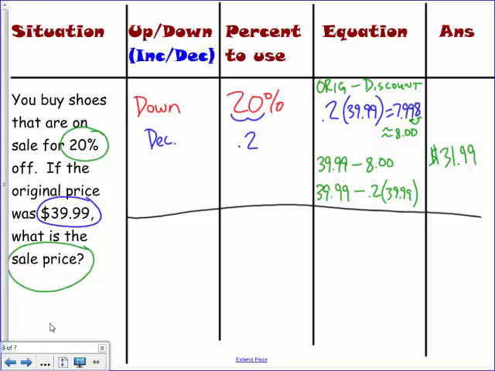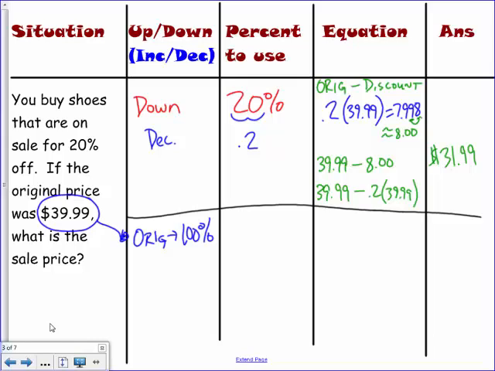All right, so let's think about this. If it's a discount, our original price, I'm going to put my original price as 100% of the cost, right? So here's my original, $39.99. That's 100% of the cost. And now we're saying it decreases by 20%.